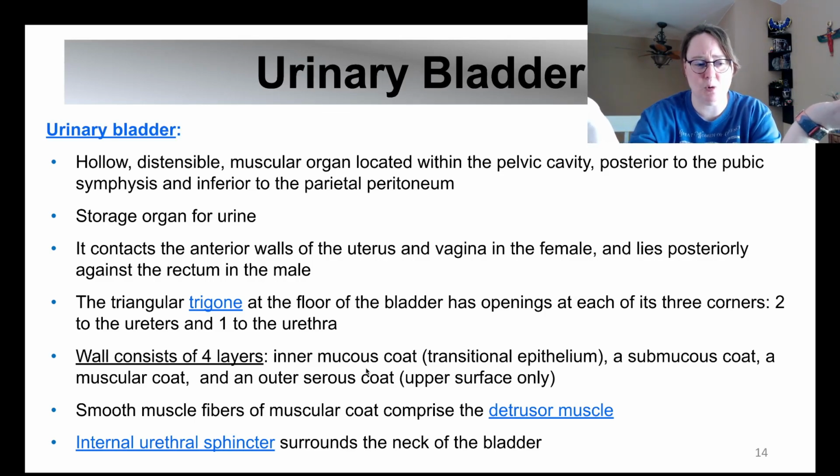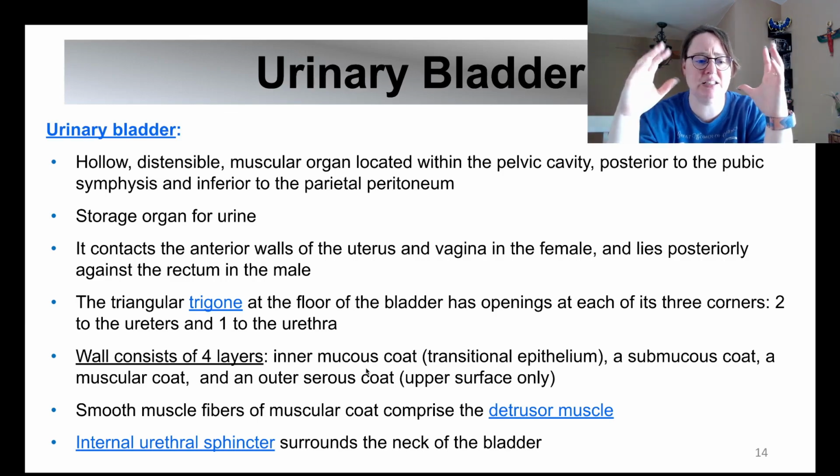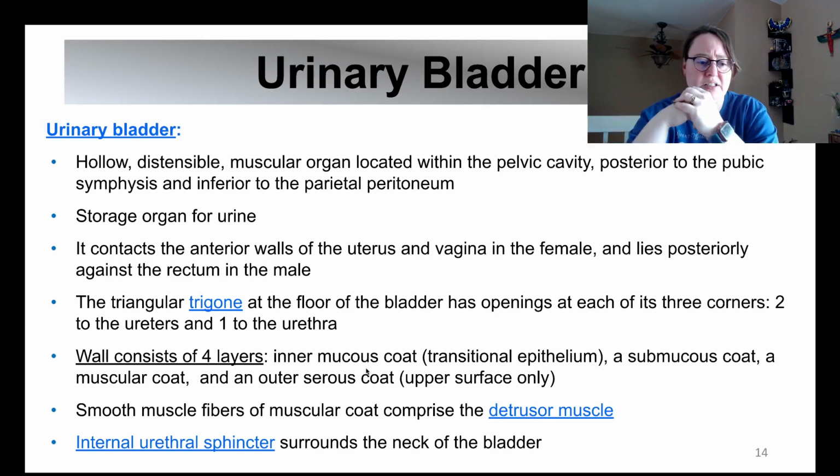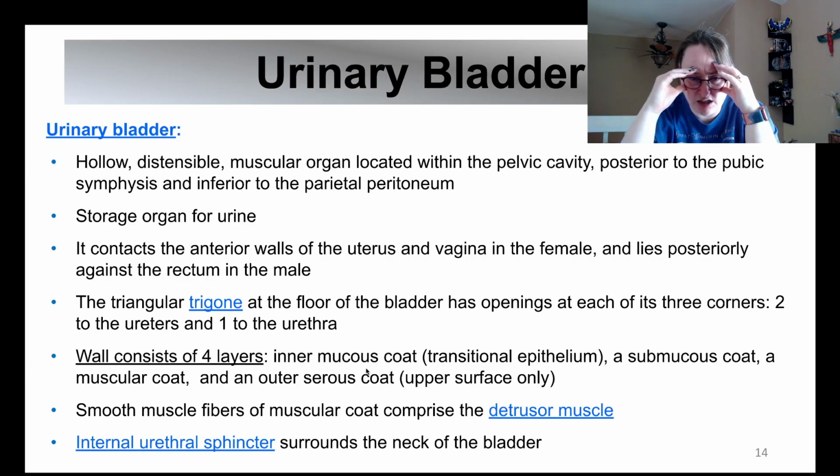It contacts the anterior walls of the uterus and vagina in the female, and lies posteriorly against the rectum in the male. Unfortunately, it's in the dumbest place ever for us women. I mean, it's the only place it could logically go, but it's right under the uterus.